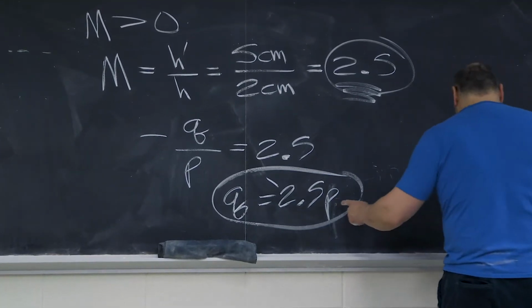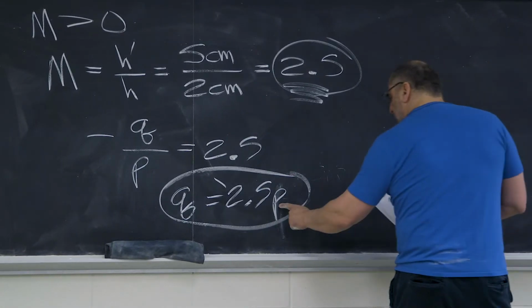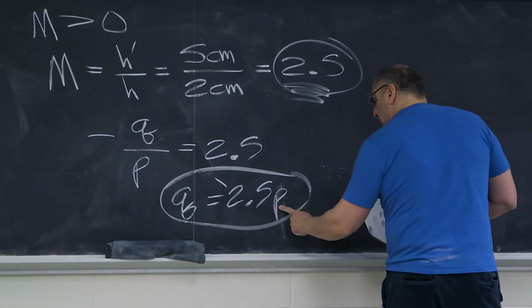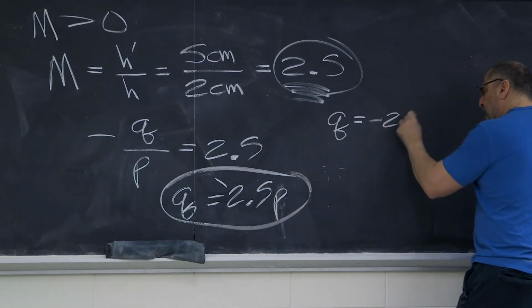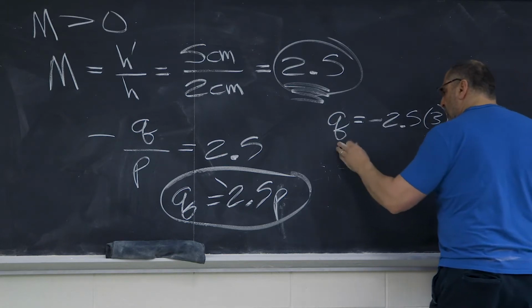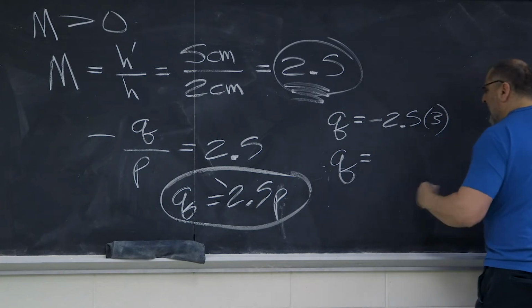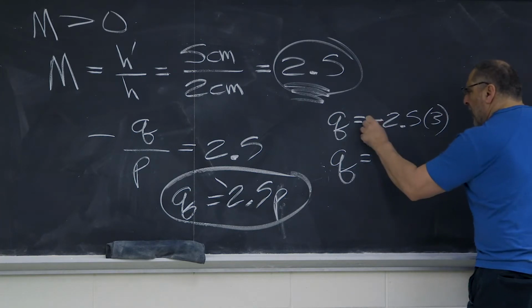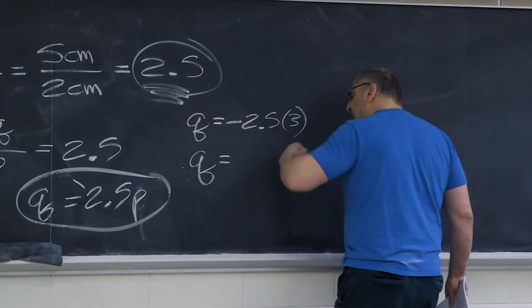Well, they told us what the object distance was. It was 3 centimeters away. So Q is going to be -2.5 times the 3 centimeter object distance. So the image distance is going to be 3 times that distance, but associated with a negative location, which is on the other side of the mirror.